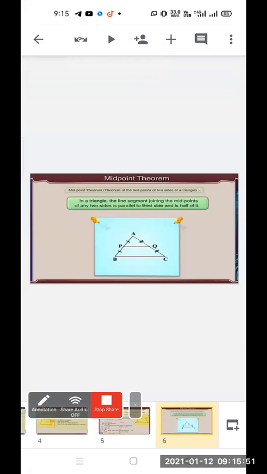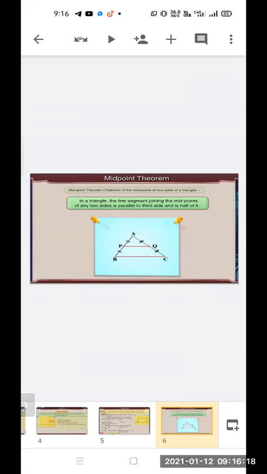Here P is the midpoint of segment AB and Q is the midpoint of segment AC. Joining the midpoints of any two sides, so AB and AC are the two sides, is parallel to the third side.